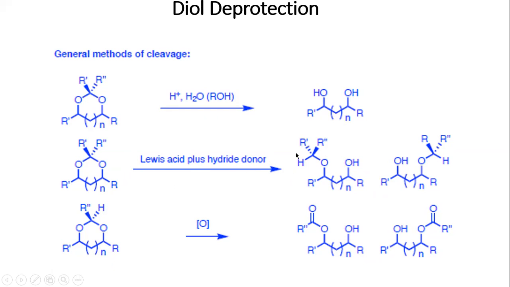And then here you can see that you can selectively, with those types of deprotecting agents, remove the acetonide to free up one of your alcohols. Right? There's no ratio here because more than likely you get both products.